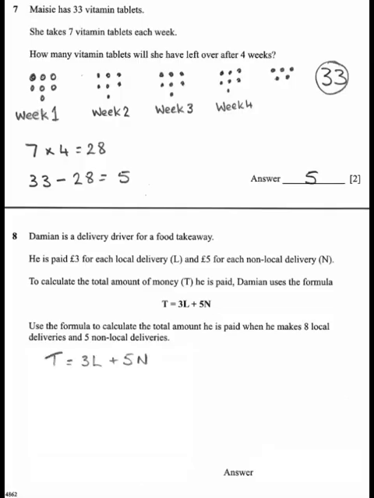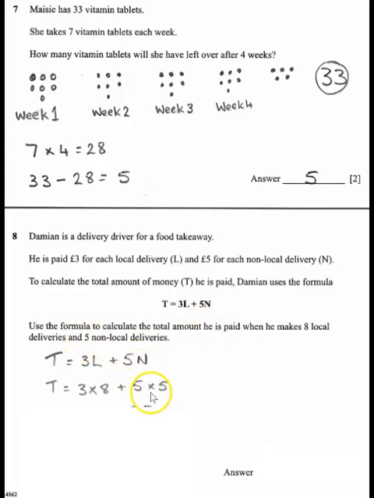So the first thing you can see, I've actually put the formula to start off with. The second part is we fill in where the L is and the N is. So the question says he made 8 local deliveries. So where the L is, we do 3 times 8. So that just means 3 times L, 3 times 8. 5N is, you can see that 5 non-local deliveries.